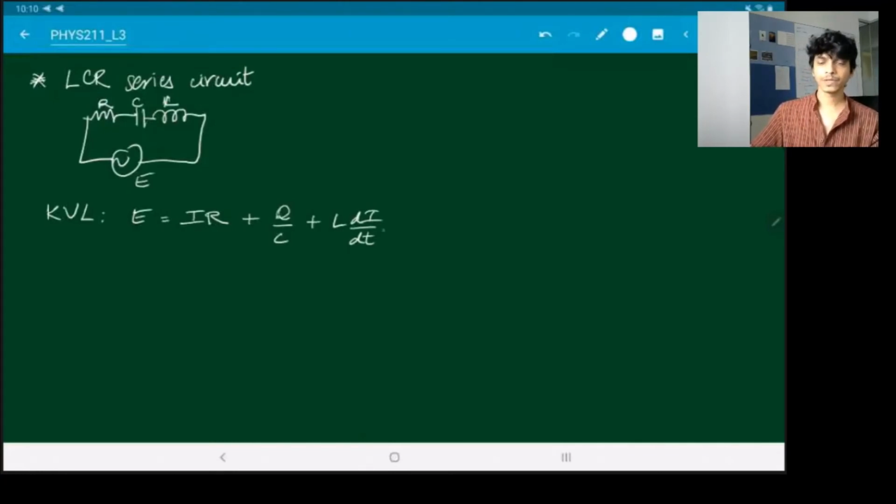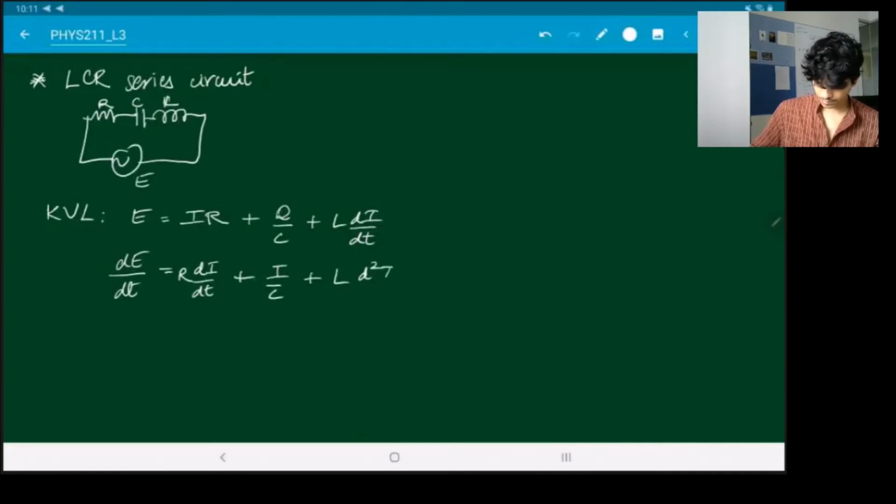Now what we'll do over here is, we don't want to deal with charges, so let's just take a time derivative of this entire equation. dq by dt is just the current. Now we have this entire equation in terms of voltages and currents.